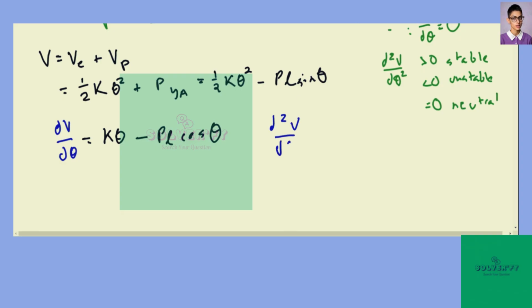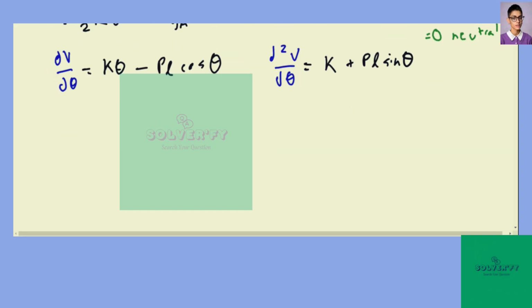It's been pretty easy so far. And that's just going to be derivative of K theta is just K, and derivative of PL cosine theta would be negative PL sine theta. So this is going to be plus PL sine theta.